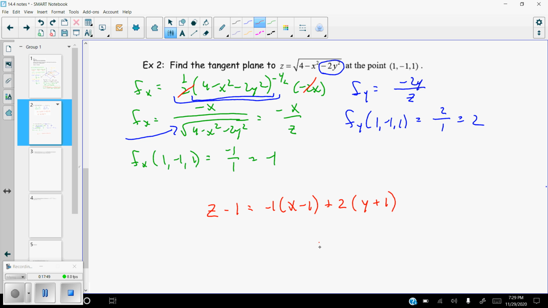And then again, simplifying, distributing the stuff on the right and then adding 1 over, we're going to get z equals negative x plus 2y. So multiplying negative 1 times 1 is 1, 2 times 1 is 2, so we're going to get 3 on the right, but we're going to add 1 more, so we should get plus 4, doing a little bit of mental math there. And there we go.